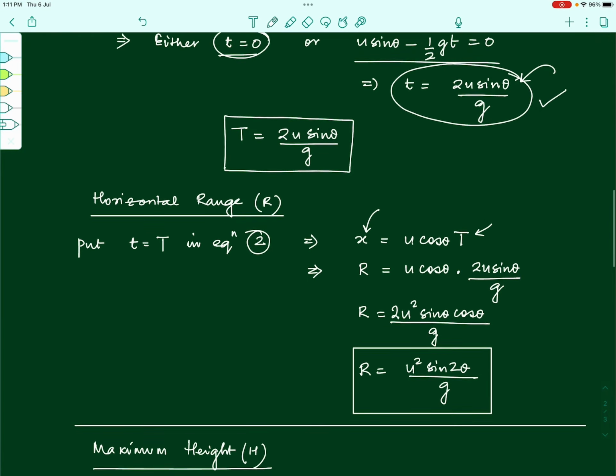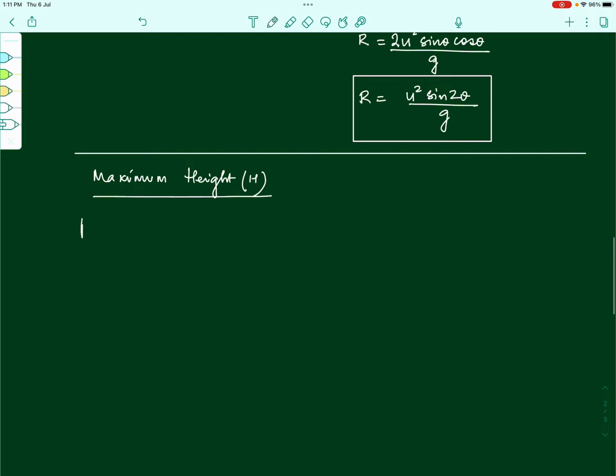So, what we do here is we put Vy equal to 0 in equation number 5, right. Equation number 5 is Vy squared is equal to u squared sin squared theta minus 2gy.